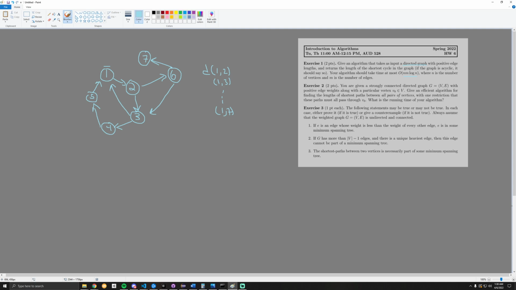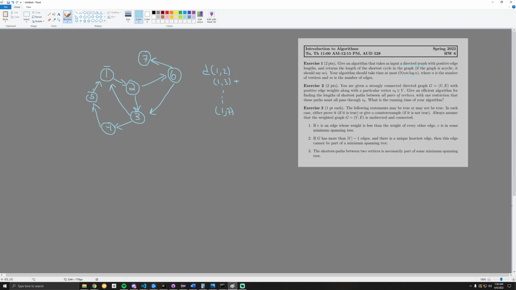In this case, it would be 3 and 5. Then we just look up the distance for 3 to 1 and 5 to 1, and we would add that to their distance to get to that node from 1.